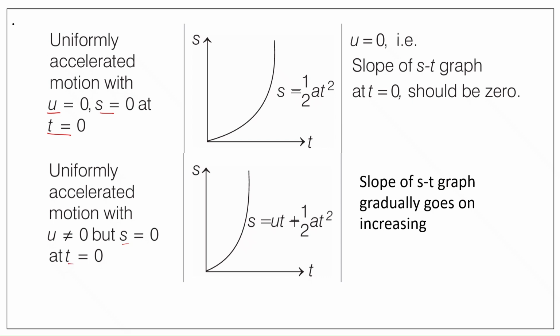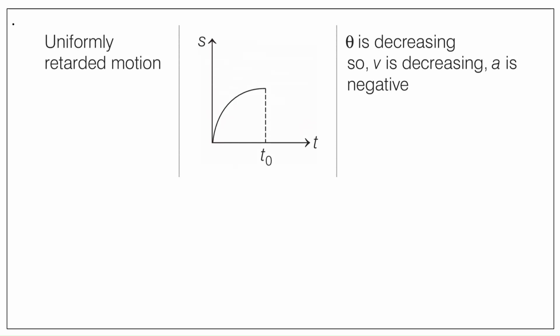Therefore, the slope of ST graph gradually goes on increasing. For uniformly retarded motion, the theta is decreasing, so velocity is decreasing and a is negative.